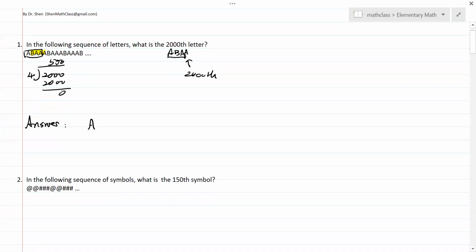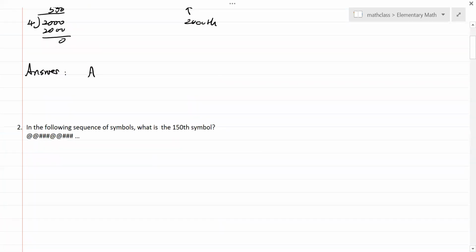All right, now take a look at the second problem. In the following sequence of symbols, what is the 150th symbol? It's a very similar problem. First of all, you have to figure out the block which shows up periodically, and I think this is the block. How many symbols are in this block? 5 symbols.